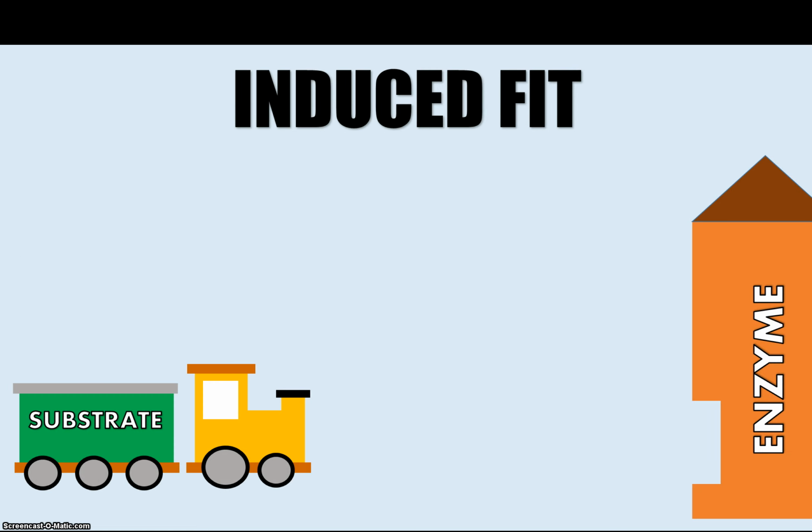So the first thing to know is the induced fit model. Essentially, you have a substrate, which is the actual compound that might be modified or changed and will create the product. This can be done by things such as an enzyme, which we have over here, which is most commonly a protein. If the substrate corresponds with this enzyme, then it has to have the exact shape and fit.